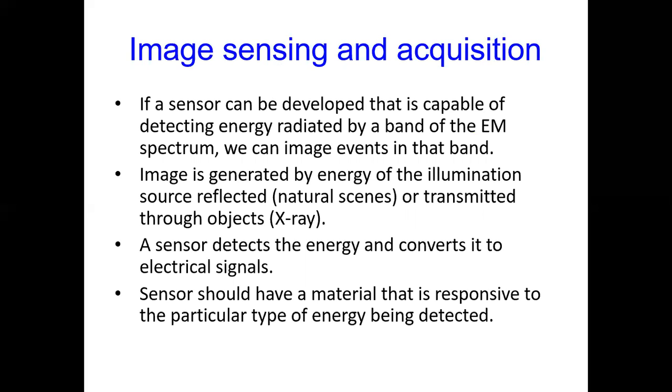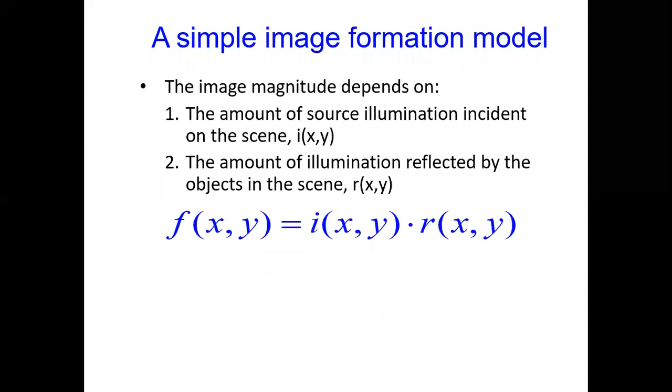The sensor should have a material that is responsive to the particular type of energy being detected. This is a simple image formation: the image magnitude depends on the amount of source illumination incident on the scene, i(x,y), and the amount of illumination reflected by the object in the scene, r(x,y). That is, f(x,y) = i(x,y) * r(x,y).